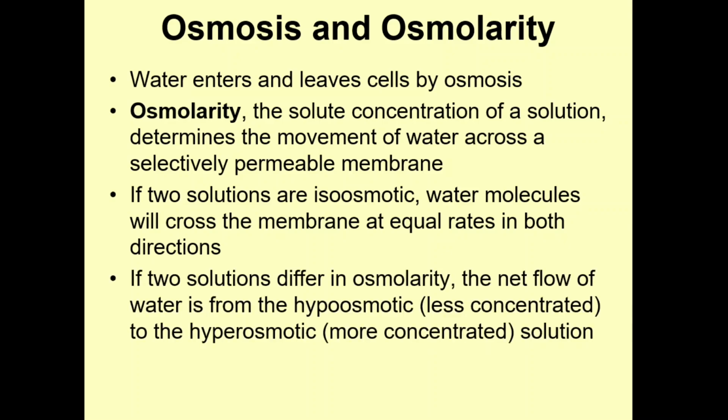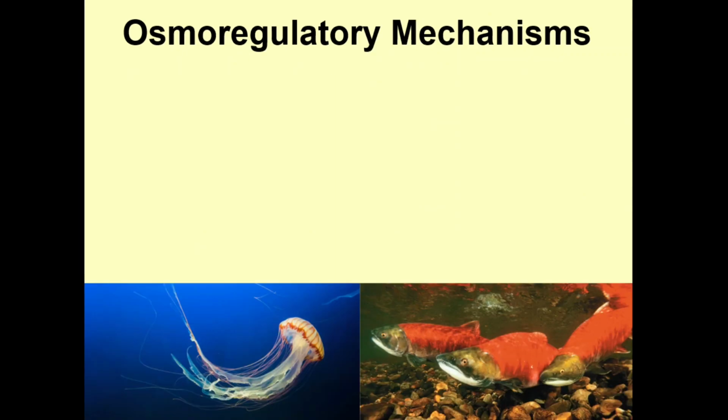If two solutions differ in osmolarity, the net flow of water, so the diffusion of water, will be from the hypoosmotic, so hypo meaning lower or less than, so this is the lower solute concentration, to the hyperosmotic, so hyper meaning higher or more than, so the more concentrated solution. So water will diffuse from a hypoosmotic to a hyperosmotic area. Keep those terms in mind because they'll become important as we work our way through.